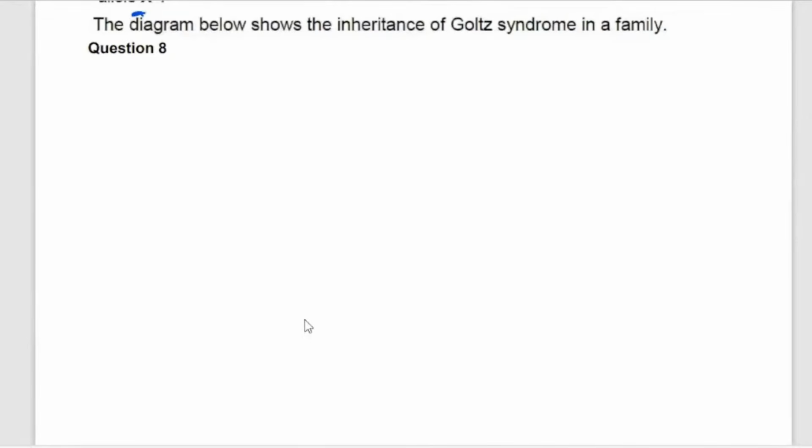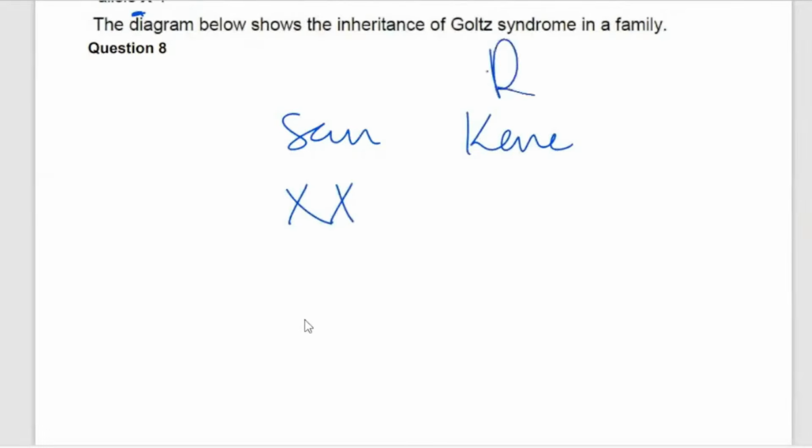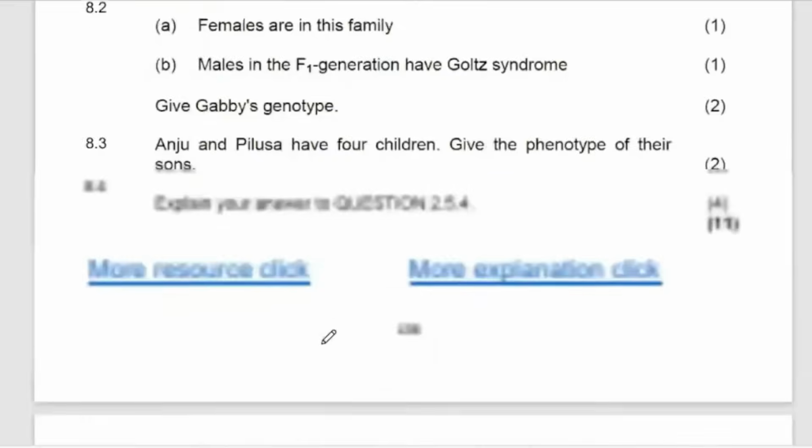Please, even if they talk about male and female, don't use X and Y. If they say that this disease is caused by allele R, you just say R. It is homozygous. If it's heterozygous, it is R, small r. You don't put them on X and Y. That is the major difference between the two.